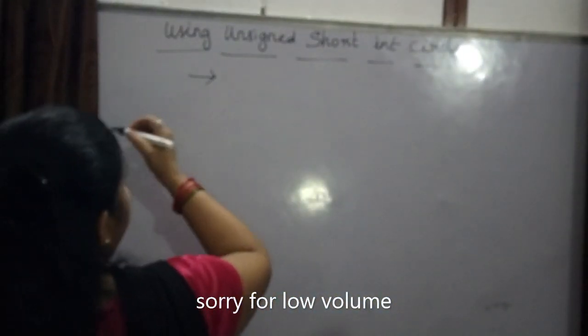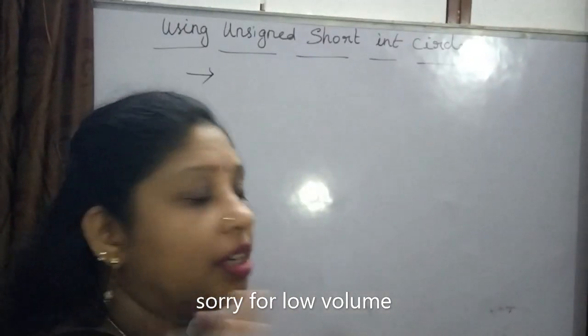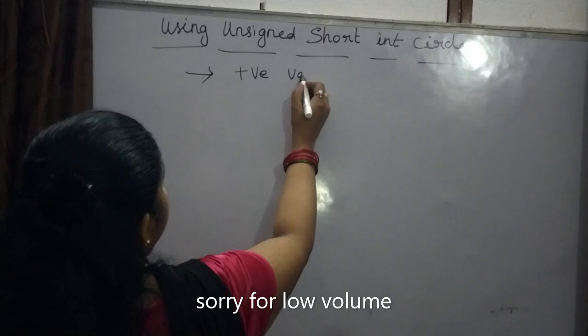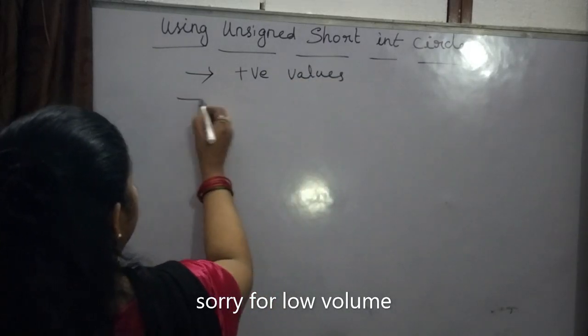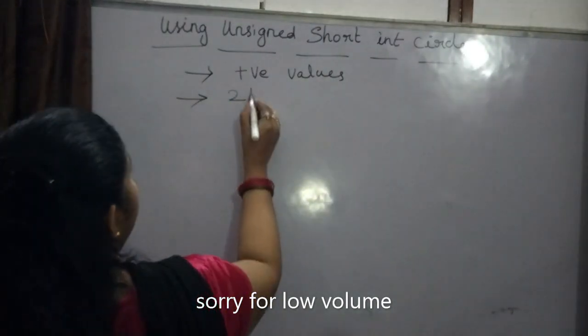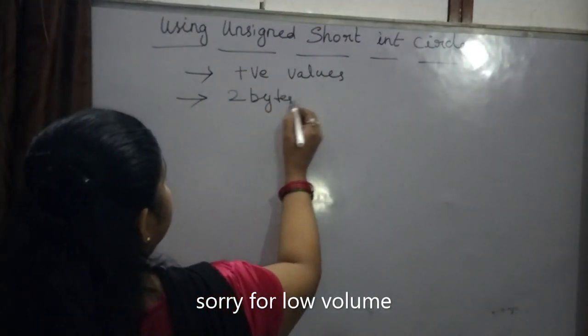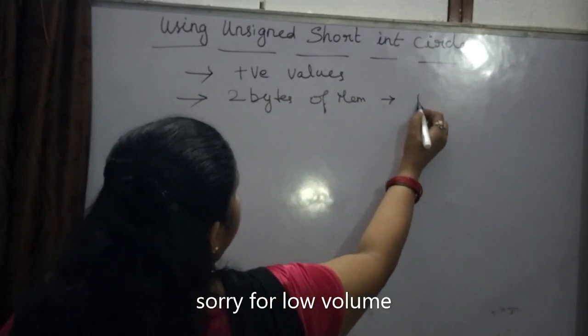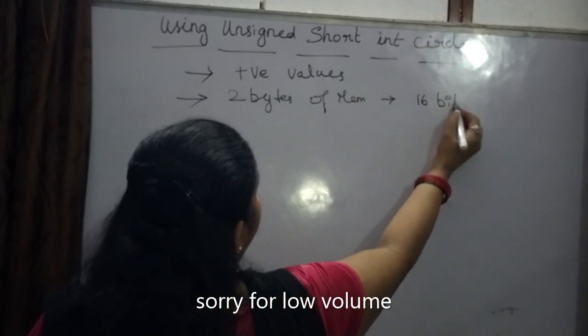What type of values does it take? It takes only positive values. Next, how much memory is it going to take? It takes only 2 bytes of memory, that comes to 16 bits.